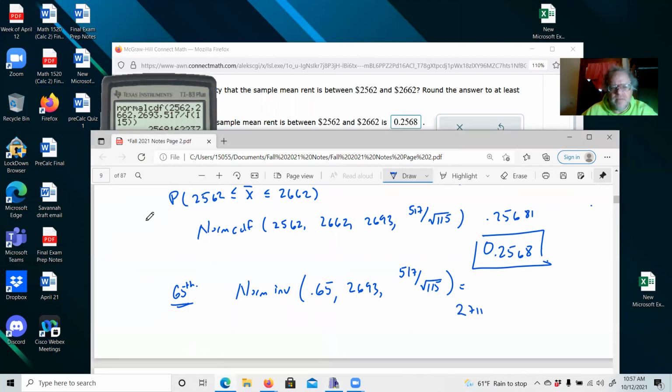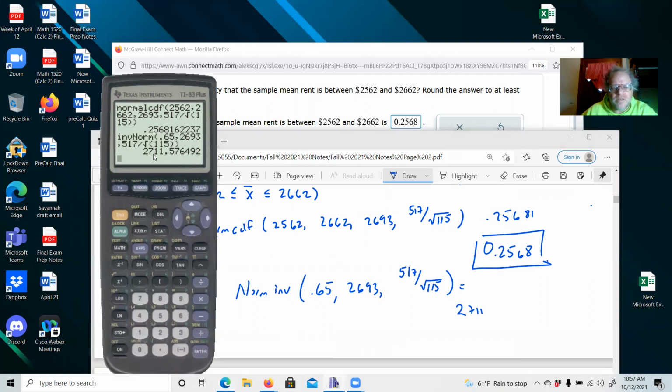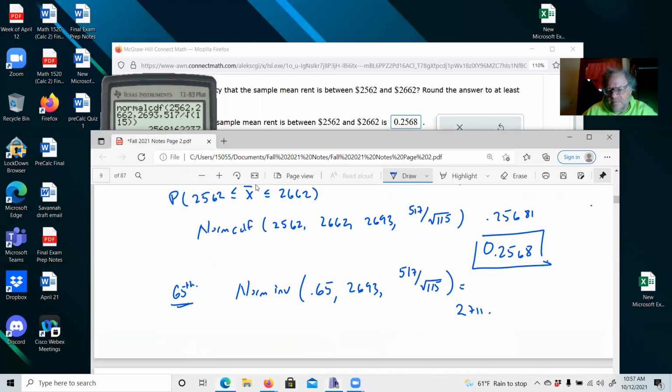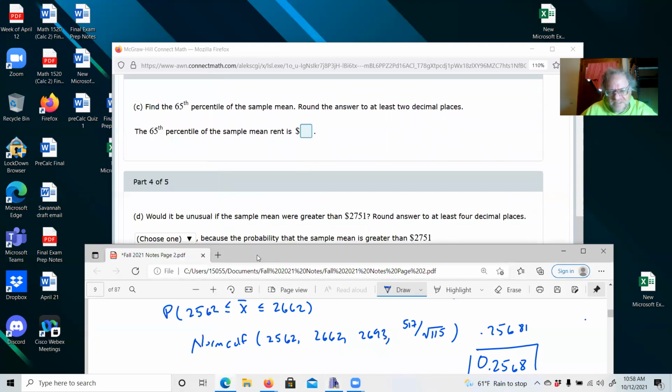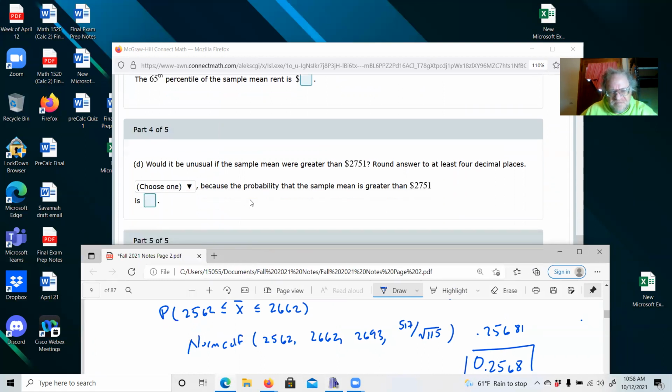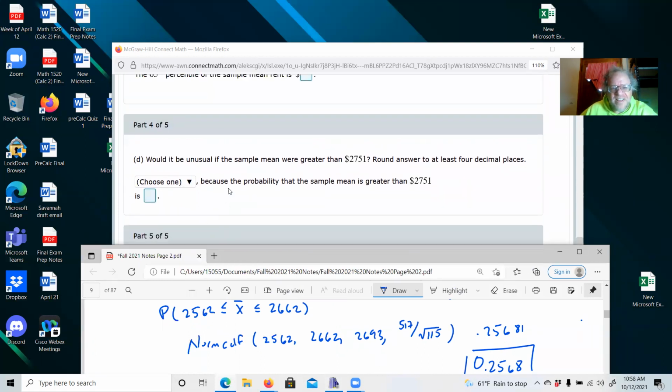It's 2711.58. That's your 65th percentile for rent on a 1-bedroom apartment in Manhattan. You can tell I'm not over the sticker shock of those prices. That's quite a bit more than my mortgage.